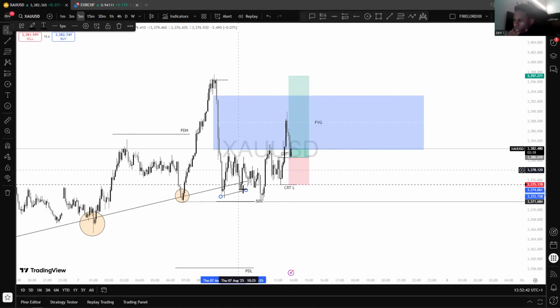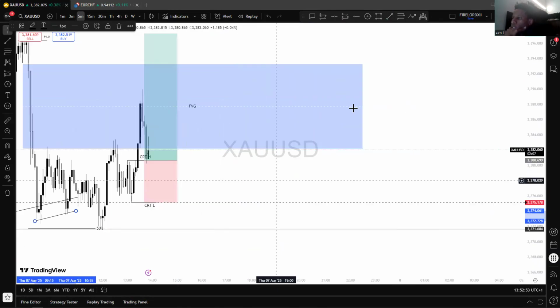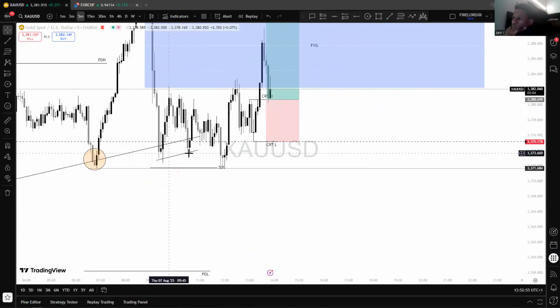As this happened, the price came around here. So yes, as this happened, price pulled back, and it was supposed to go lower than this, but price did not go lower.